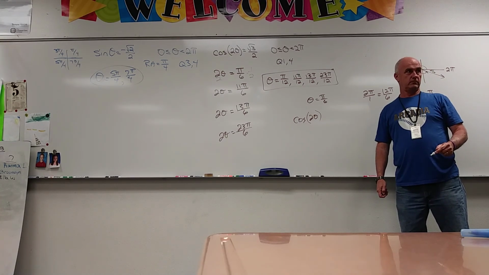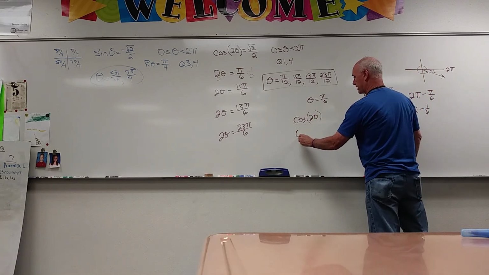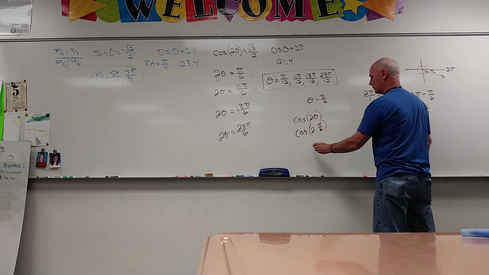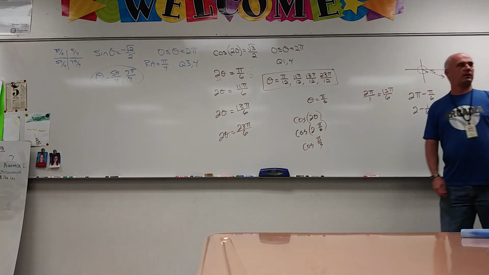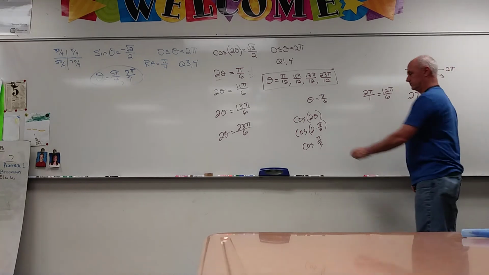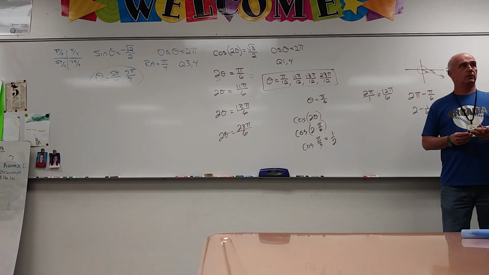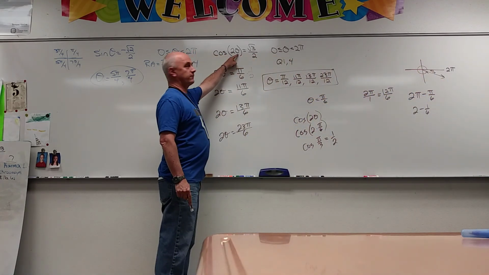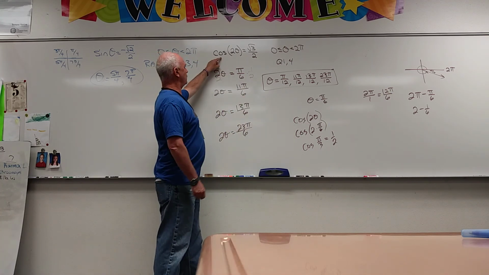So if theta is pi over 6, we'd have the cosine of 2 times pi over 6, which is the cosine of pi over 3, and the cosine of pi over 3 is 1/2. So if we plug pi over 6 in for theta, we don't get the right answer, because we're finding the cosine of 2 theta.